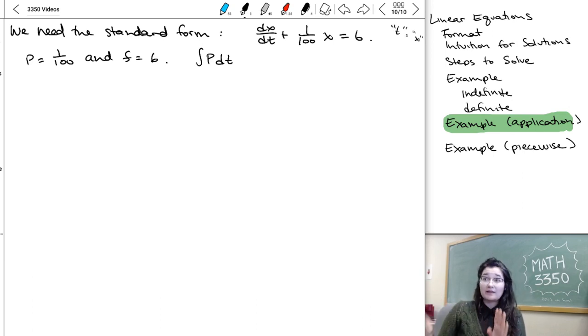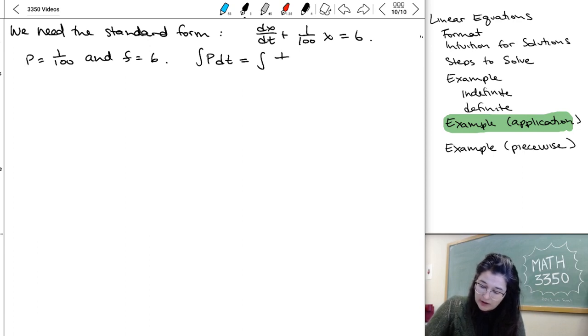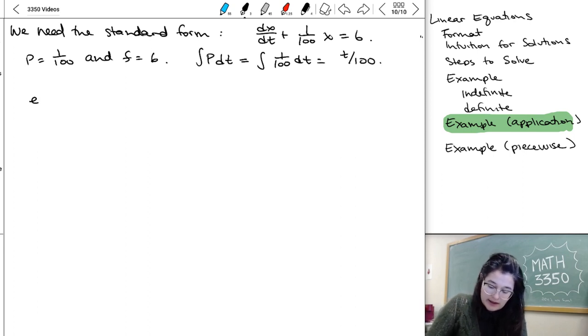I'm not going to leave that written down, that t equals x, because that'll be super confusing if you look at it later, but when we look at the steps from before, we're treating t like what we called x. So that's going to be the integral of 1 over 100 with respect to t, which is just t over 100. And so then our e to the integral p dt is just e to the t over 100.